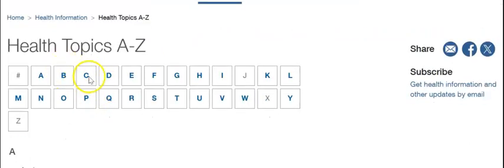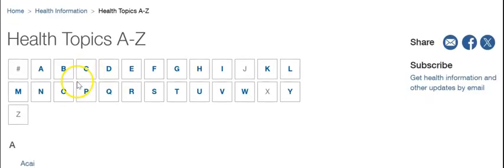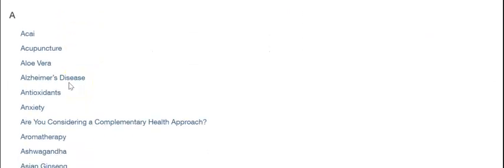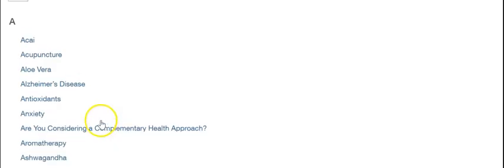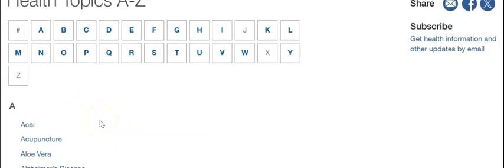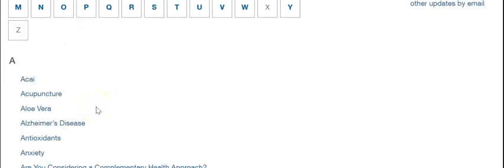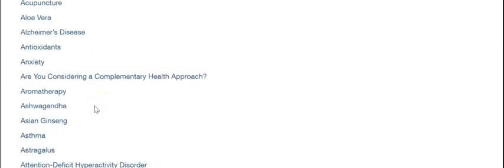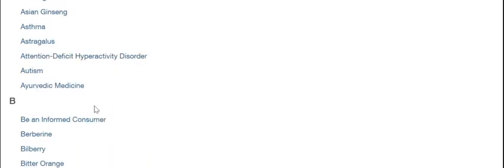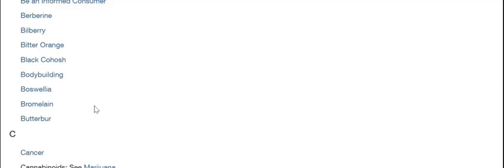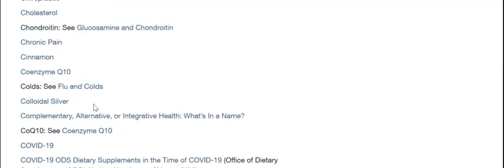So if you have a health topic you want to look at, you can see if there's information about a complementary or integrative health therapy on the site. And in fact, you're going to be coming here and clicking on some of the terms that I'm going to be asking you to do.